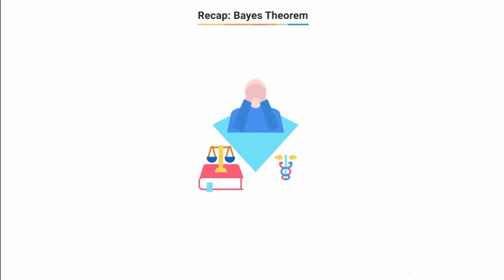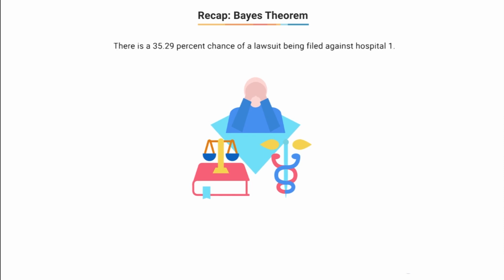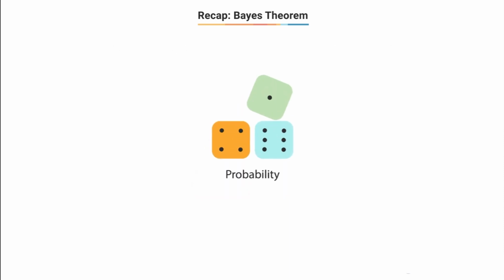This means if a malpractice suit takes place, there is a 35.29% chance that this suit took place against hospital 1. Now you can similarly calculate the probability of the suit taking place at hospital 2. This is nothing but probability of B2 given A, and you can also calculate probability of B3 given A.